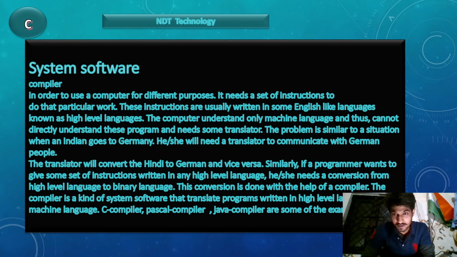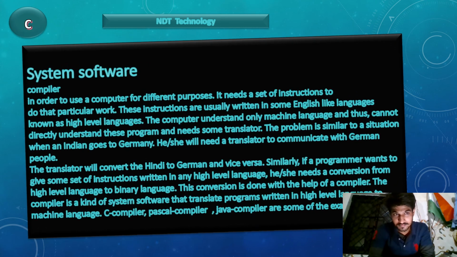You have to communicate with the machine, so you need a machine level language translator. That's called a compiler. Given some set of instructions written in a high level language, you need a conversion to binary language. The conversion is done with the help of the compiler, which is a kind of system software. C compiler and Java compiler are some examples of compilers, and it is also a part of system software.